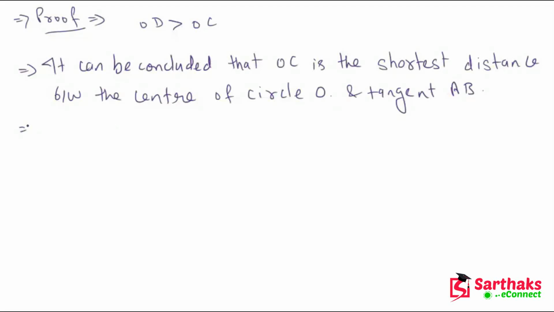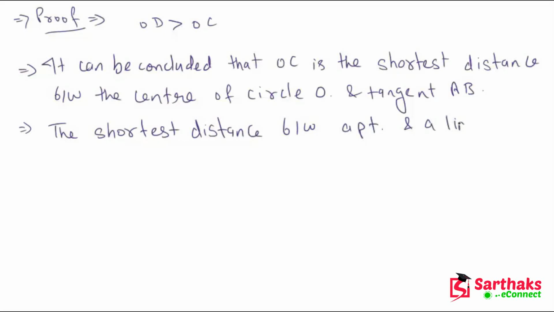We know that the shortest distance between a point and a line is the perpendicular, so OC is perpendicular to AB.